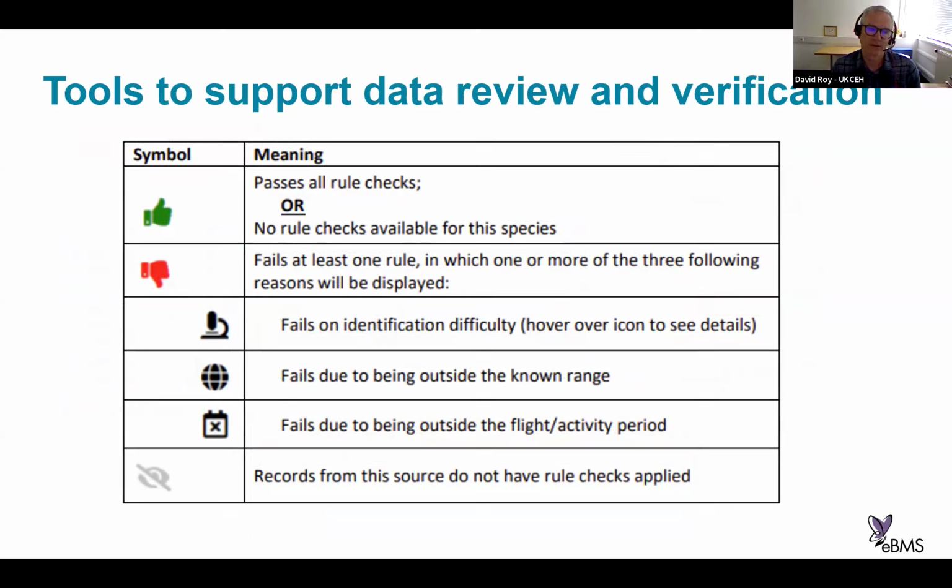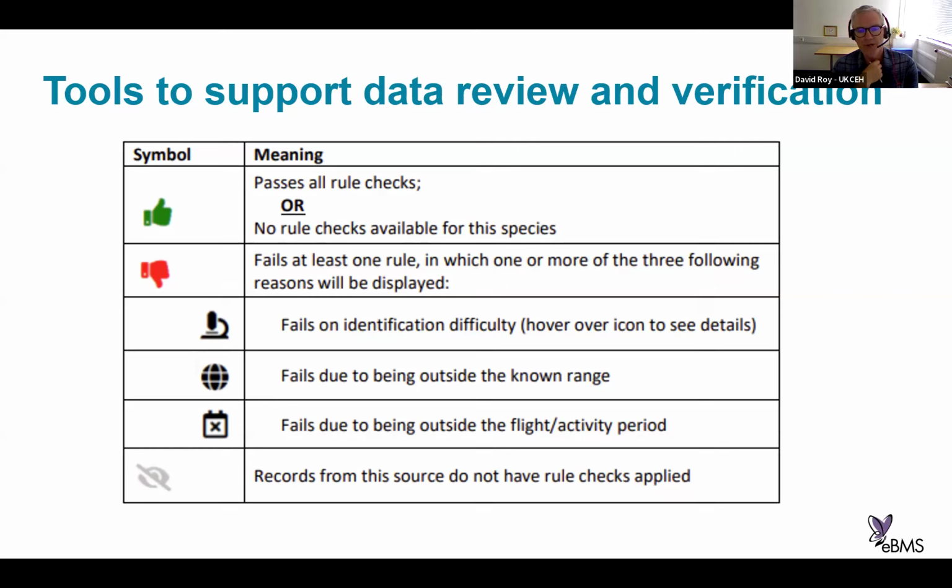What this will do is run a series of checks against every record that comes into the system, provided we've got these rules in place. And we do have these rules in place for the eBMS, for European butterflies. We don't have them for moths, but that might be an interesting discussion, how much we try and build that up. But the rule checks fall into three main types.